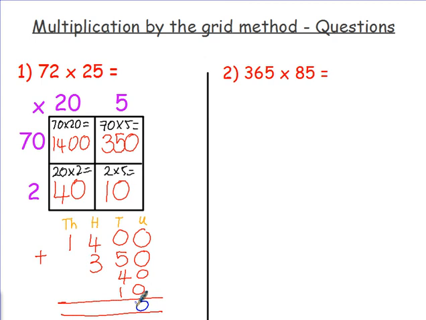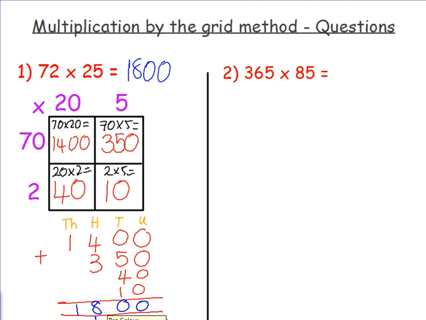Remember, I've got 10 tens, which is 100. So I'm carrying over my 100. 4 and 3 and 1 is my 800. My thousands. My answer is 1,800.